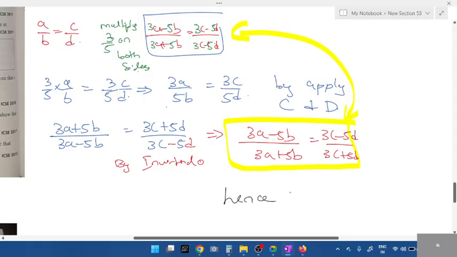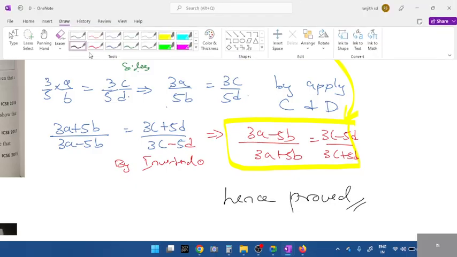Hence proved. 3 marks board exam question. Response, students, did you understand? Is it clear? So what are the 3 steps we did here? Tell me all the 3 steps.